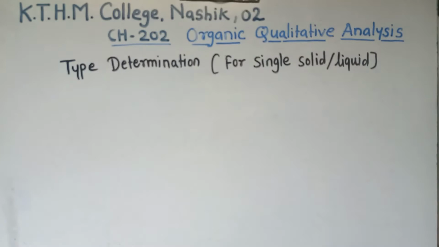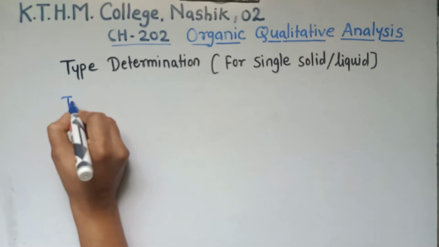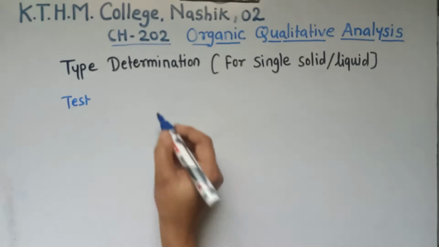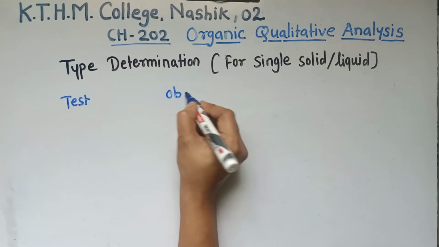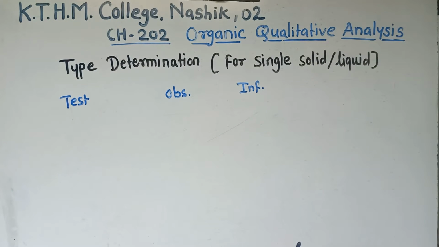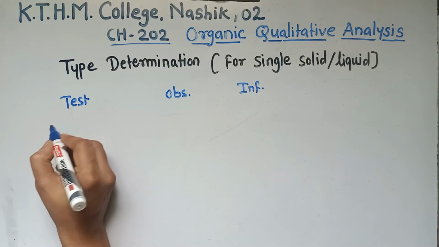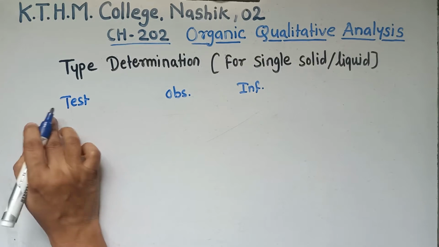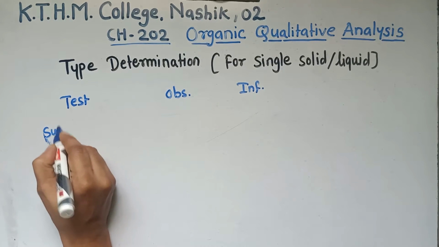Okay, so our next step is type determination for single solid or liquid compound. Student, this is performed in a test tube, with observation and inference.